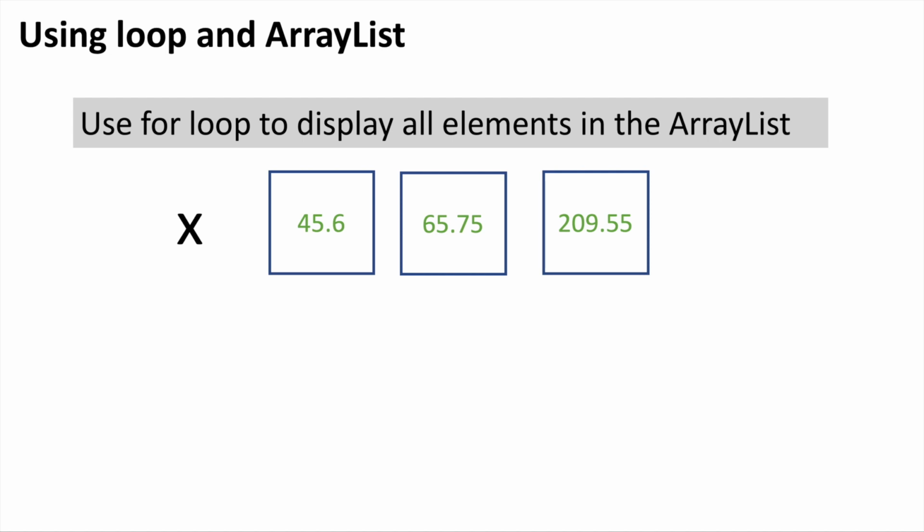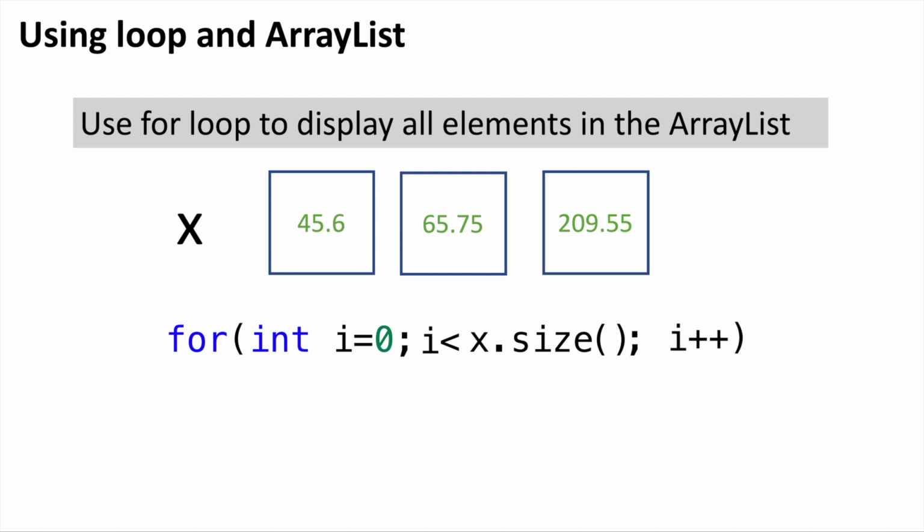Okay, now let's use the for loop. We used the loop before with the array, and it's the same thing here. So we have an array list called x, and we want to use the for loop with it. So we say for int i equals 0, until i less than x.size. This will give us the length of our list, and then the open and close normal brackets are important.